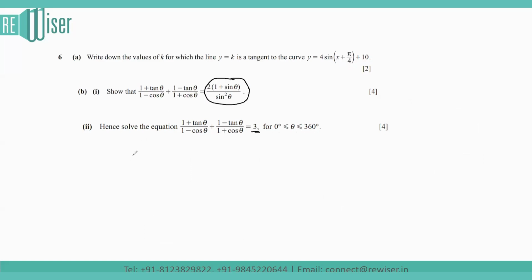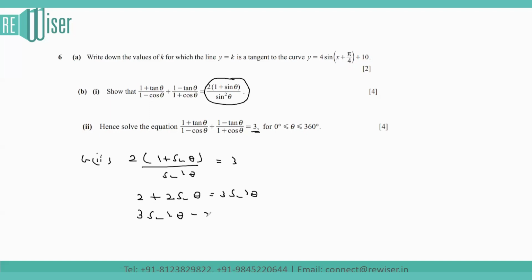We can write 2 into (1 plus sine theta) over sine square theta equal to 3. If I cross multiply, I get 2 plus 2 sine theta equals 3 sine square theta.